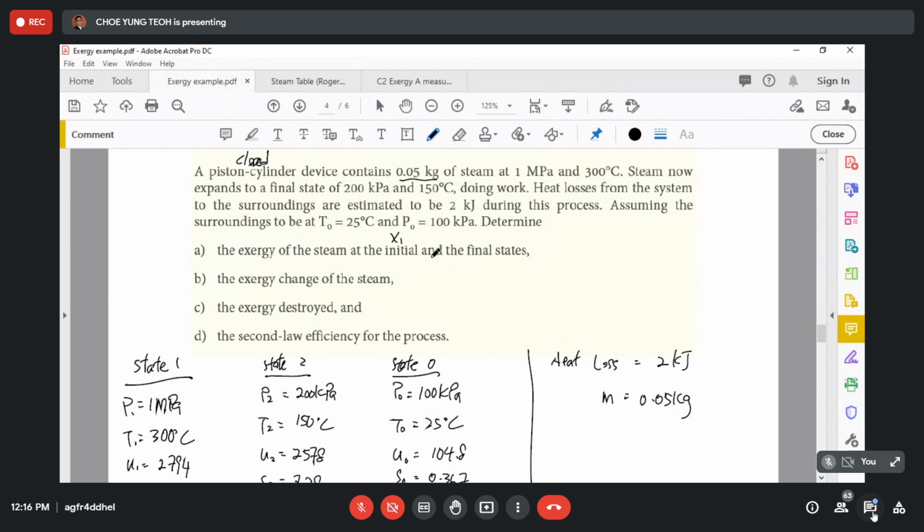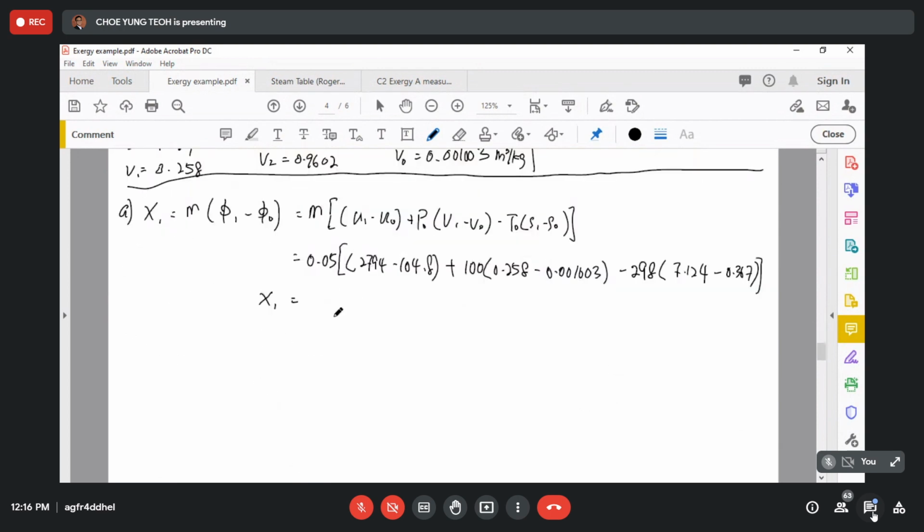So I get X1. The final state will be X2. Now I want to find the final state. How much exergy is left in the final state? Same thing, I take phi 2 minus phi 0.